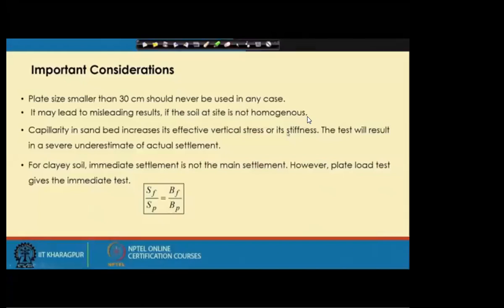Next are some important considerations. As I mentioned, we cannot use a plate size less than 30 centimeter, otherwise we will not get proper results. Another very important thing is that this test is suitable for homogeneous soil.